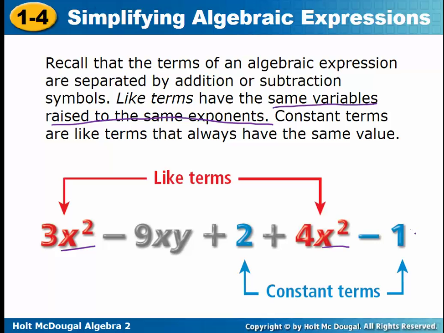So if there was an x here, that wouldn't be a like term because that doesn't have the same exponent. Constant terms are when you just have a number with no variable. So in this one, the like terms would be 3x squared and 4x squared, and the sign in front of them goes with it. And then the constants also can be combined, so we'd have 2 minus 1.